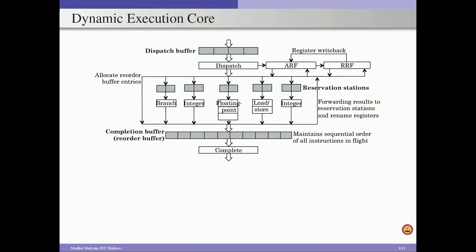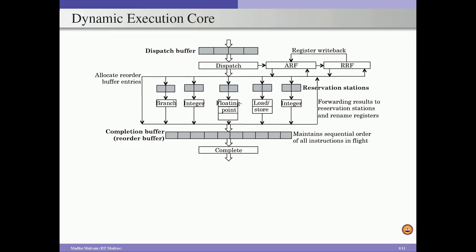In order to provide the in-order commit in this stage, we always select the instruction which is at the head of the reorder buffer. We take that instruction and send it to the completion stage for the completion of its execution. When an instruction goes through the complete stage, the values will be written to the architectural registers specified in the instruction.